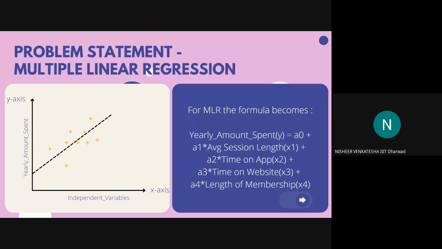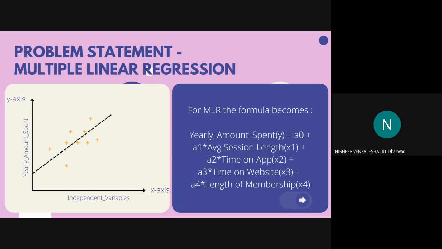Now we have implemented multiple linear regression, and we have used another data set, that is an e-commerce website data set, which uses customers' information and predicts the yearly amount spent by the customer. How it is different from simple linear regression is that instead of one independent variable, we're using multiple independent variables.